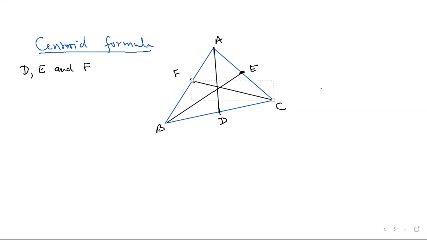And all of them will pass through one point. So D, E, F are midpoints of the respective sides.